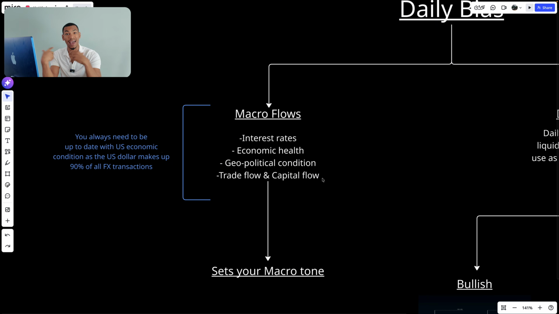You'll see capital flow begin to increase in those economies compared to the one with lower interest rates, meaning that the currency pair between those two economies will rise, depending on the base and the quote, right?